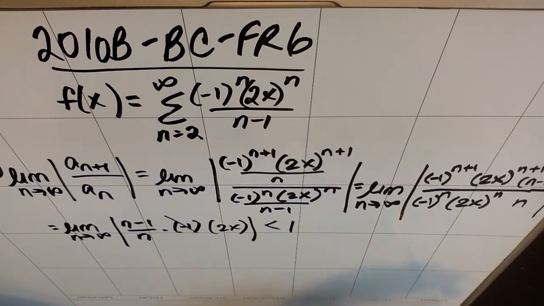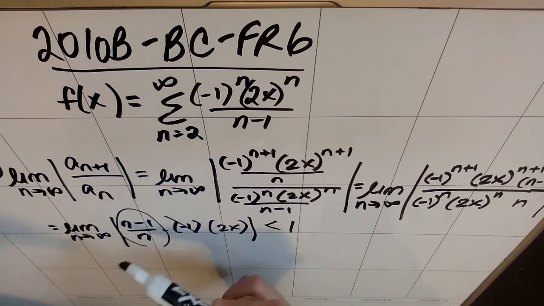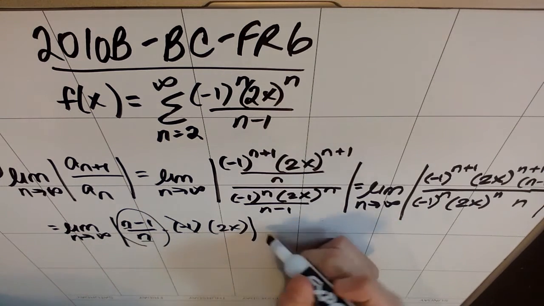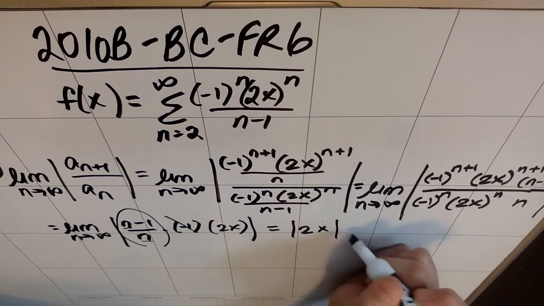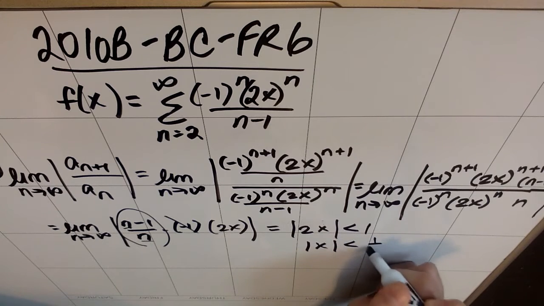And that ratio should be less than 1. Well, since these n's have the same degree and a coefficient of 1, as these approach infinity, I'm only looking at the leading coefficients, which is going to be 1 over 1. So I end up getting that this whole thing is really just the absolute value of 2x is less than 1. Or the absolute value of x is less than 1/2.